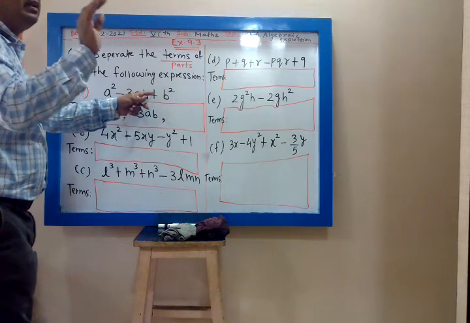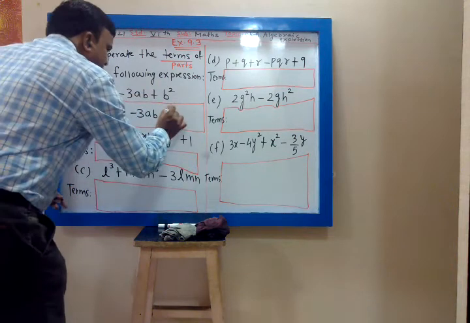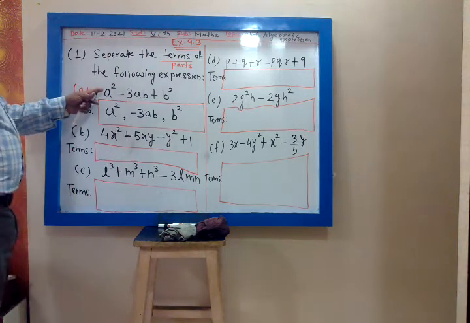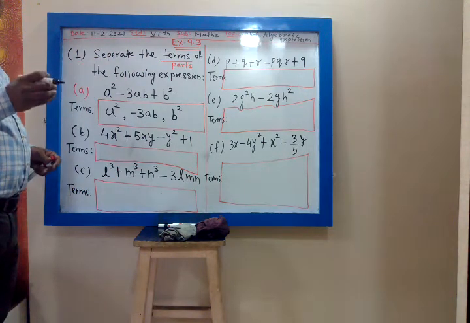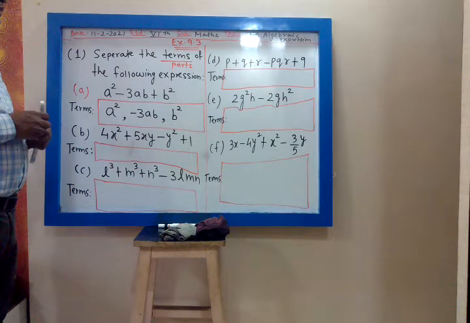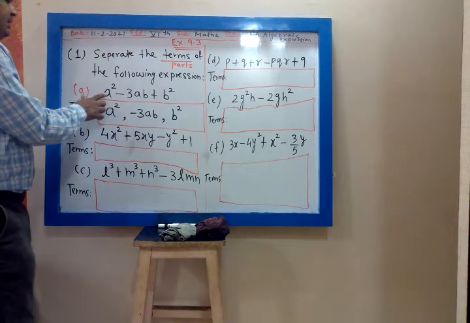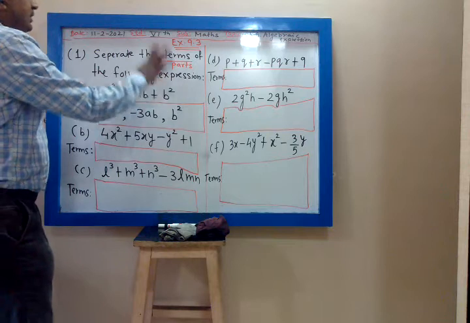Plus sign we don't write. Plus is the joint. So we write b square. So in question A, the algebraic expression has three terms: a square, minus 3ab and b square.